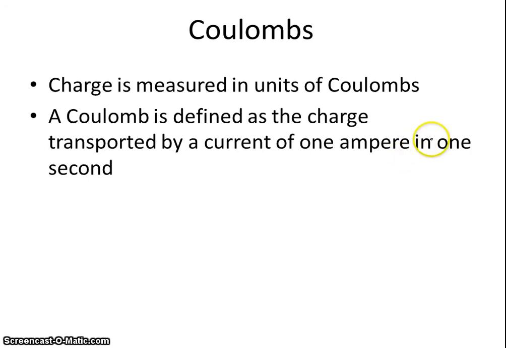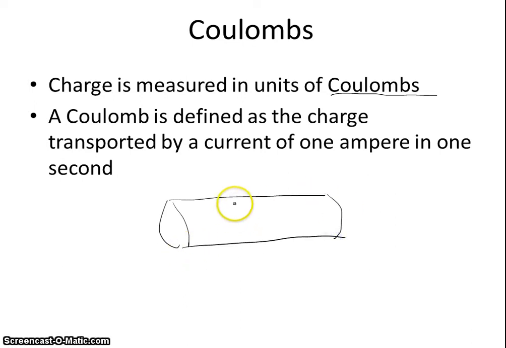We measure charge in coulombs. Coulombs is the unit of charge. A coulomb is defined as the charge transported by a current of 1 ampere in 1 second. So we're going to get into this a lot more in the future, but basically that's saying if I have a wire, I'll draw it really zoomed in, like a tube, and I have a bunch of electrons in the wire, and these electrons equal 1 coulomb of charge.